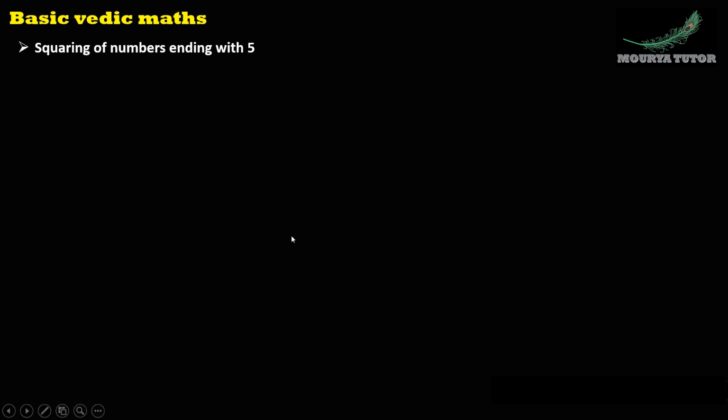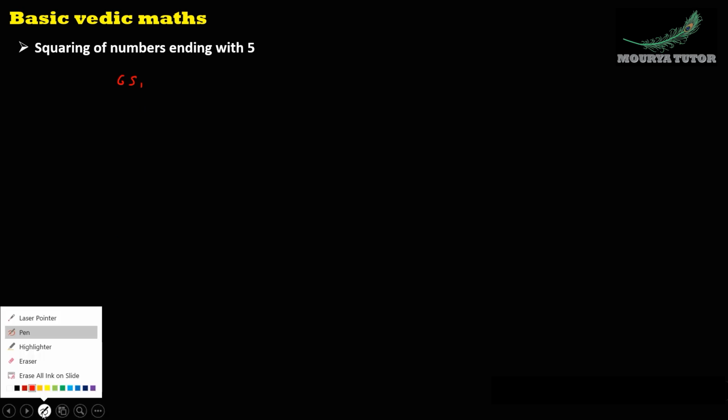That means if a number is given to you with ending digit 5, like 65, 95, 115, 135, like that.